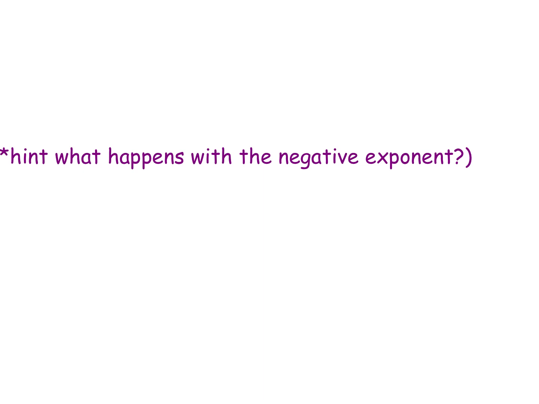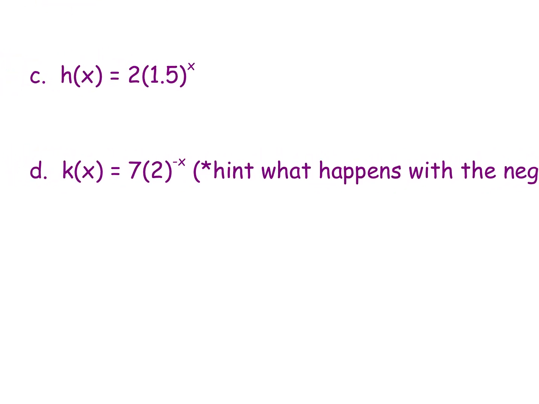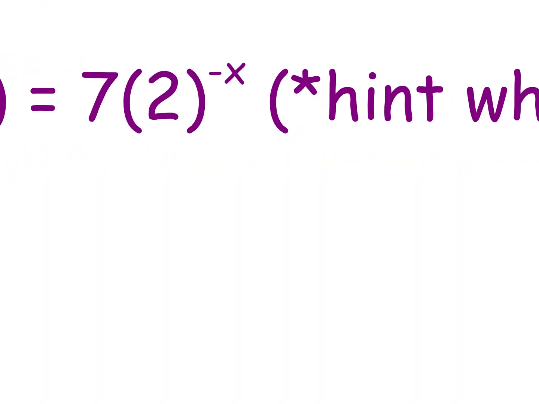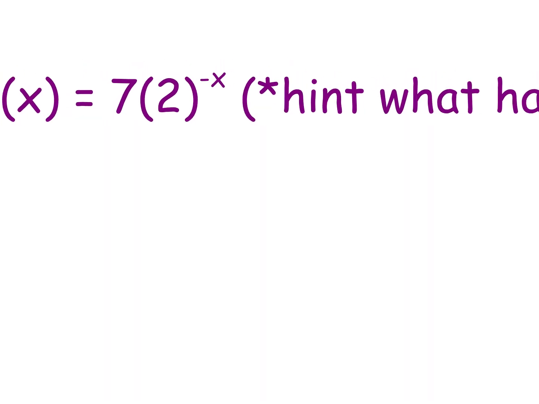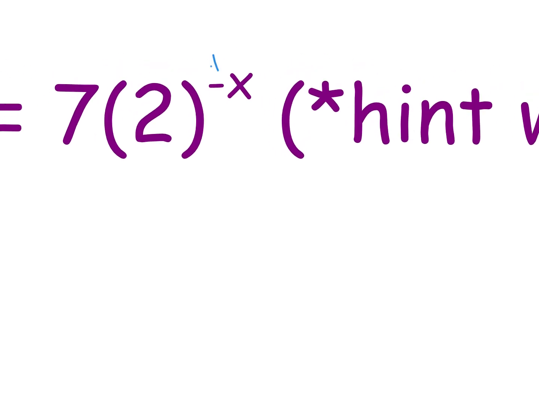Hint, what happens with the negative exponent? I'm honestly conflicted right now because I know that a negative exponent makes this turn into a flip of itself. So this would turn into like 1/2.